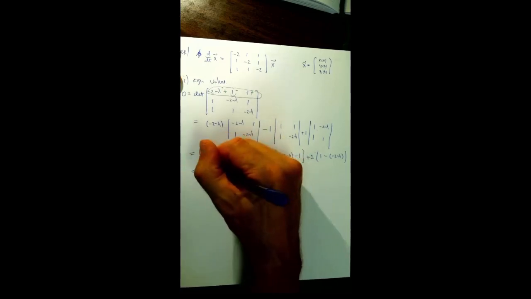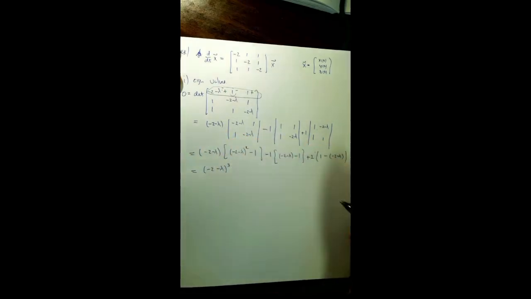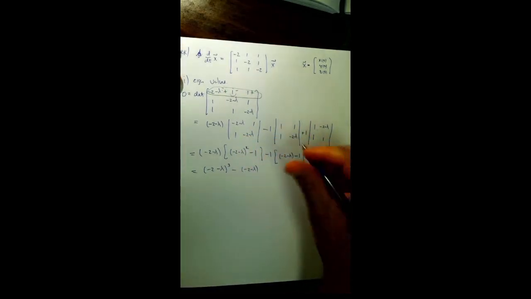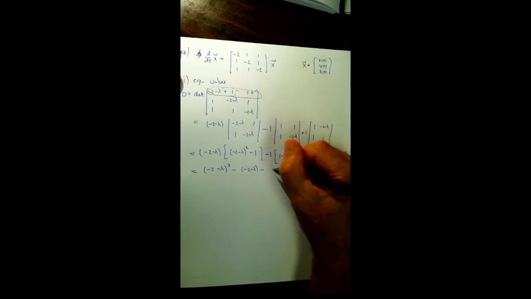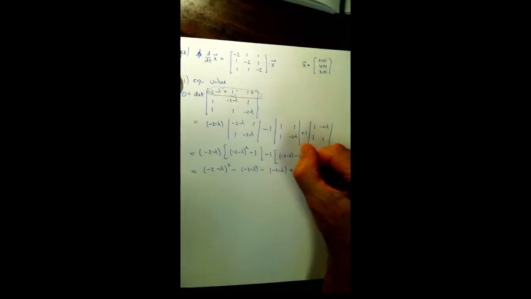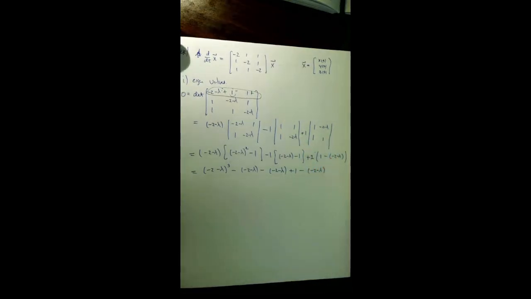Multiplying everything through, I get minus 2 minus lambda cubed minus a minus 2 minus lambda. And here I'm going to have minus a minus 2 minus lambda. Here I'm going to have plus 1 minus a minus 2 minus lambda.